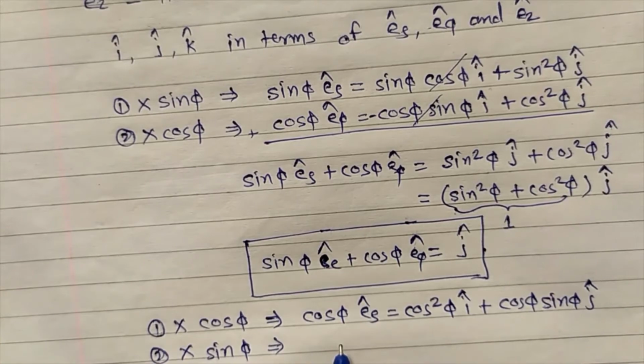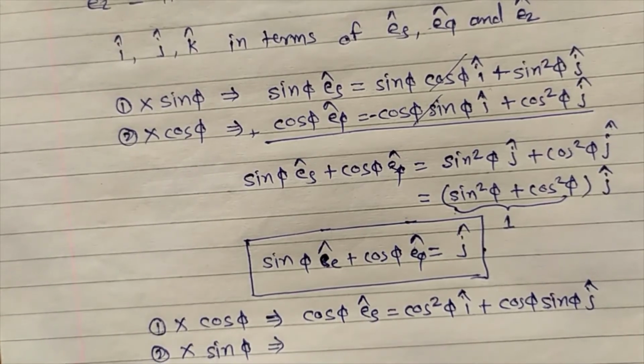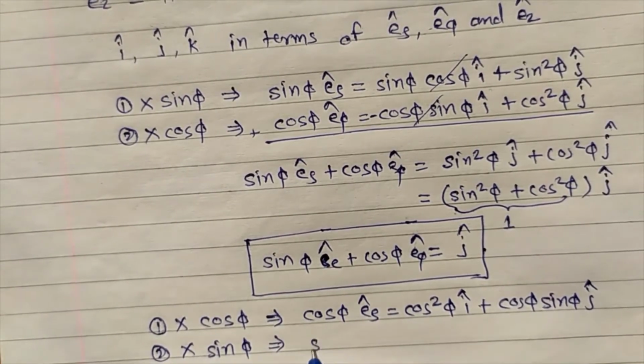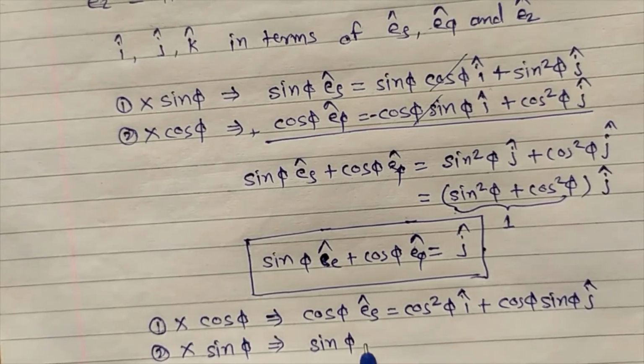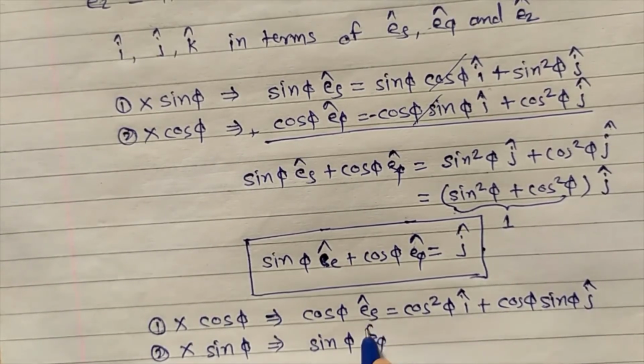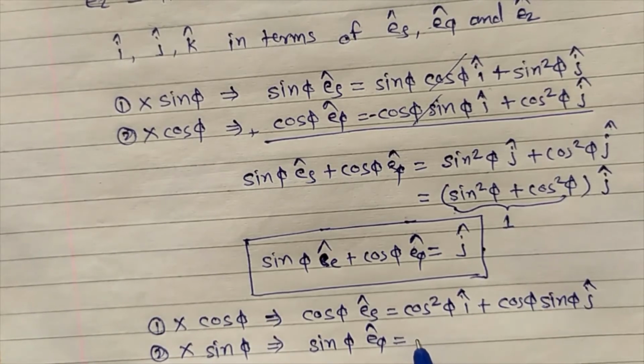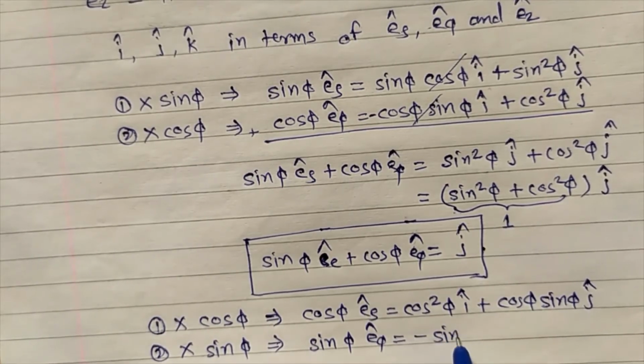Similar thing I will do with equation 2, and equation 2 will become sin of phi e phi cap is equal to, negative sign is there, sin square phi I cap.